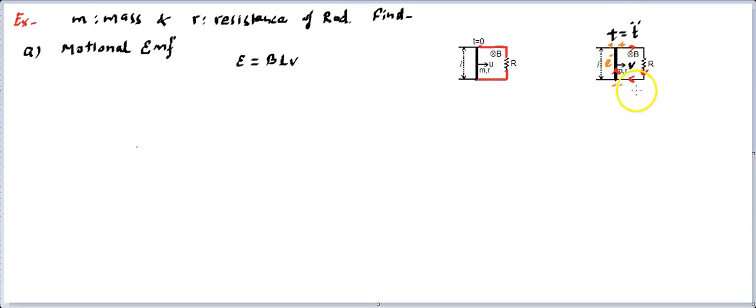Second question could be find the current in the circuit. So we can find the current in the circuit. So from here we have found what the induced EMF or motional EMF is going to be. And let's say second is induced current. So what is that induced current going to be? Now we can use the current electricity concept for solving this particular circuit.